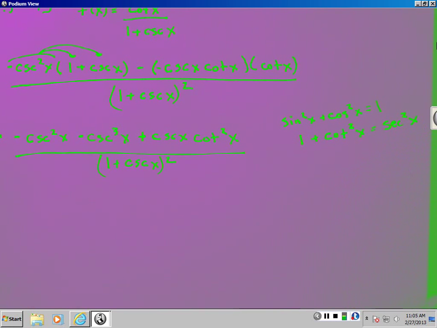There are various ways to simplify trig functions. If I get a 1 plus cotangent squared x, I can write that as cosecant squared x. That might give me something to simplify what I want to pull out.